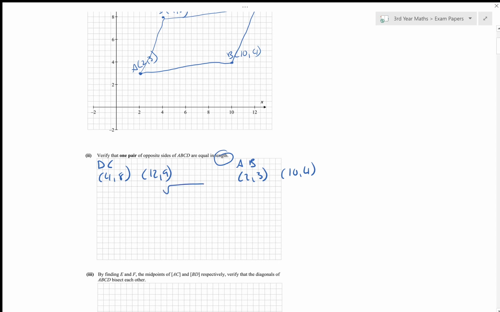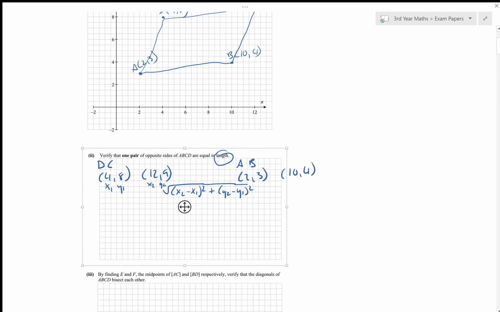So square root of (x2 minus x1) squared plus (y2 minus y1) squared. Then you call your points x1, y1, x2, y2, and you sub them into the formula. So you have square root of (x2, which is 12, minus x1, which is 4) squared, plus (9 minus 8) squared.